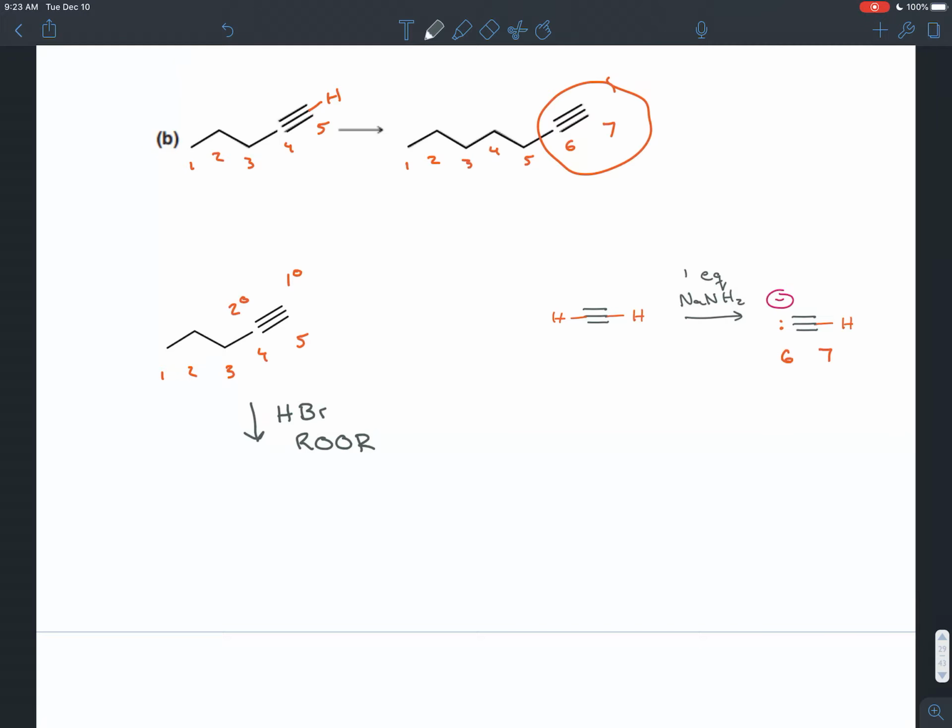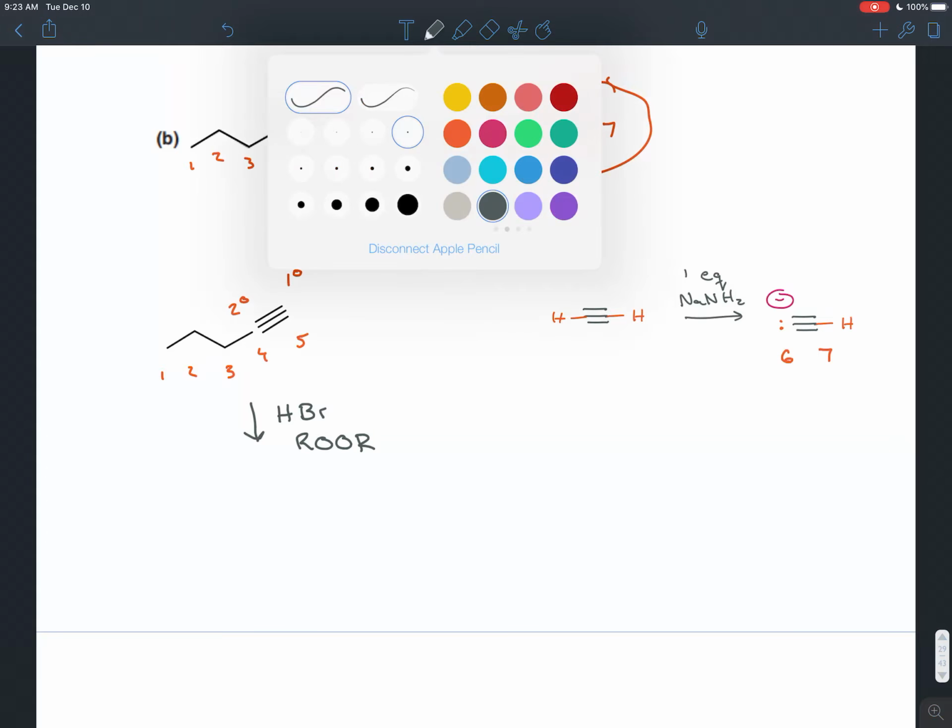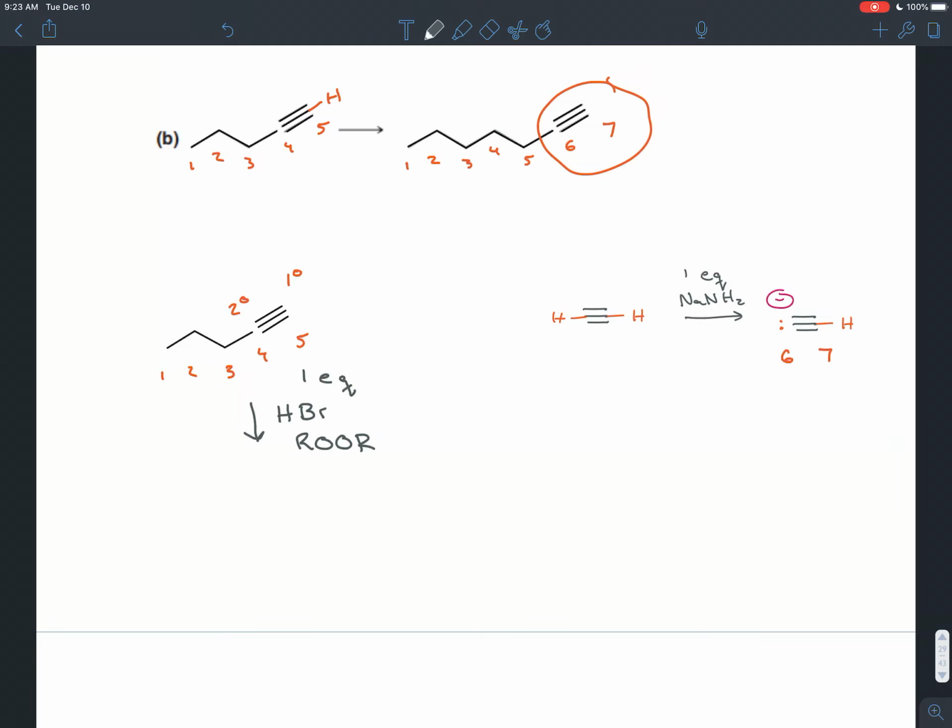But the second thing is, if we just try doing that with one equivalent, we'll have 1, 2, 3, 4, 5, and we'll still have one pi bond. The hydrogen and the bromine will be on there, sure, but what we want is an alkyl halide with all single bonds. And we could hydrogenate that.